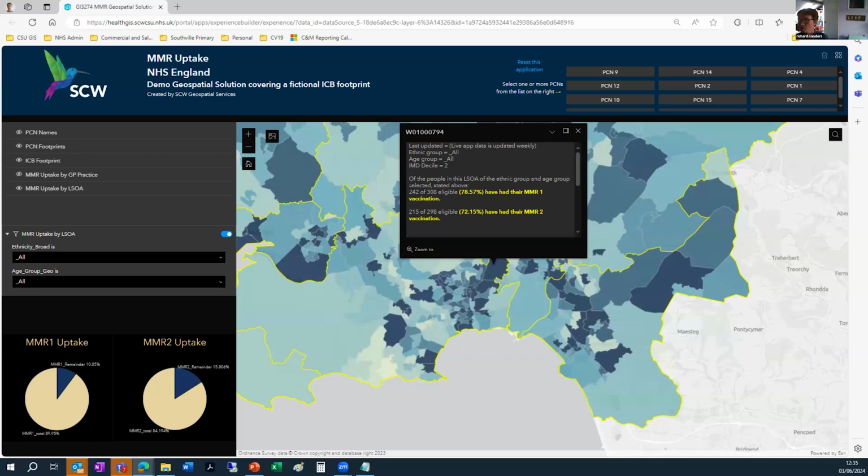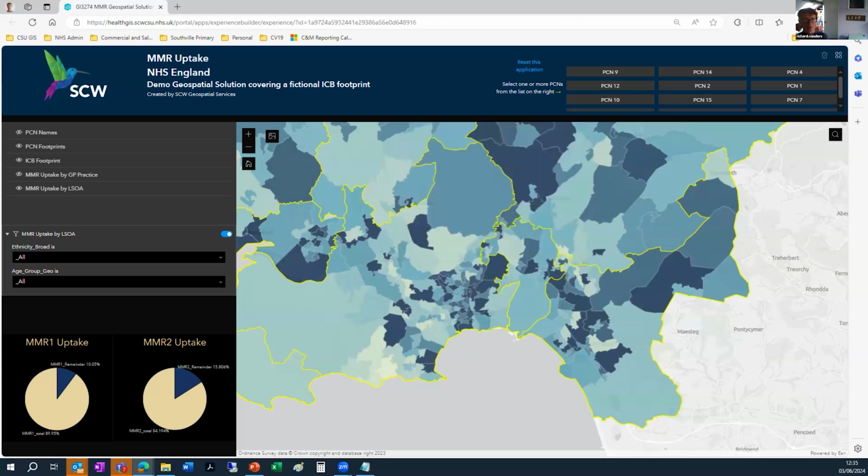It shows 252 of 308 eligible people, so 78%, had their MMR1 vaccination, and 250 of 298, so 72%, had their MMR2 vaccination. The MMR2 rate is always lower because you have to have had MMR1 in order to have had MMR2. But they're both much lower than the WHO recommended 95%. So any cases of measles could lead to an outbreak.